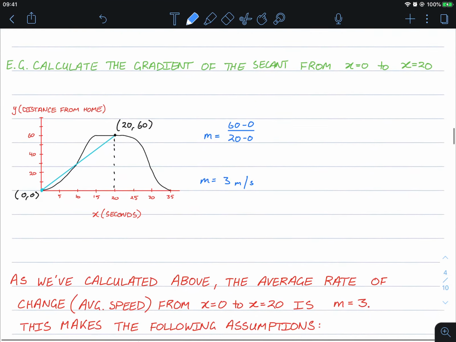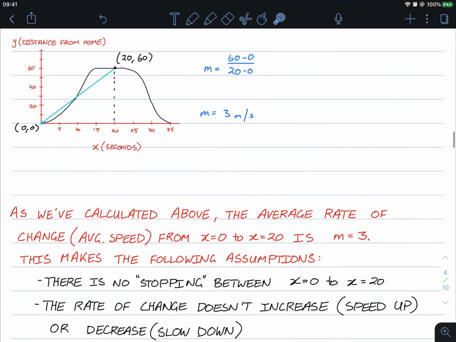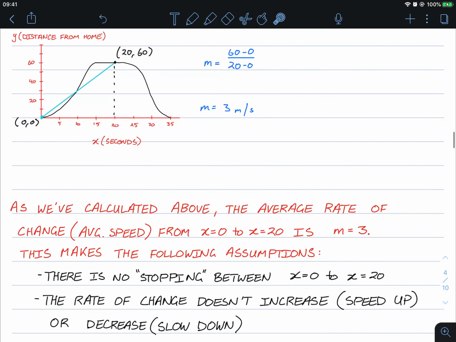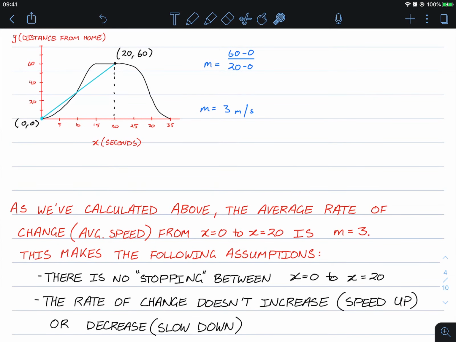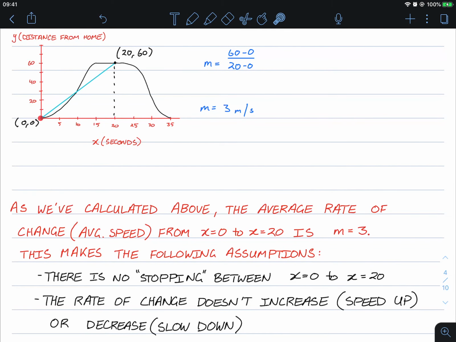But as we've calculated above, the average rate of change, or the average speed, from x equals 0 to 20 is 3 meters per second. So this means that the gradient of this line is 3 over 1. However, this makes the following assumptions. It makes the assumption that there is no stopping between x equals 0 and x equals 20. So this secant says the car is always moving and it's not stopping.